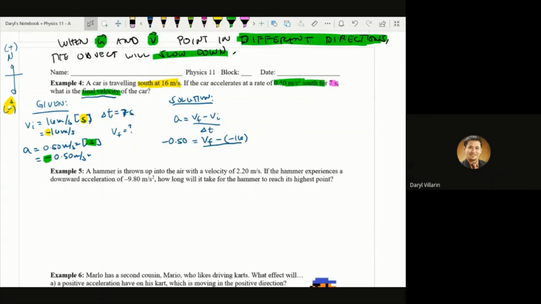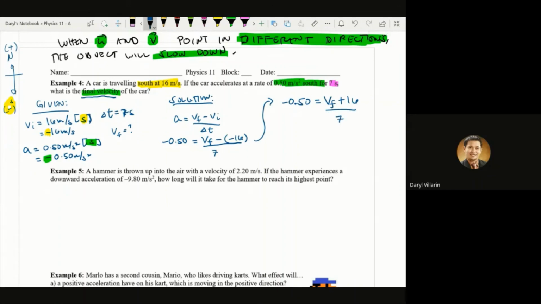So I'm just substituting everything. Delta t is 7 seconds. Now I'm going to simplify this equation. Negative 0.5 is equal to vf minus negative 16, or the opposite of negative 16, which is positive 16, all over 7.